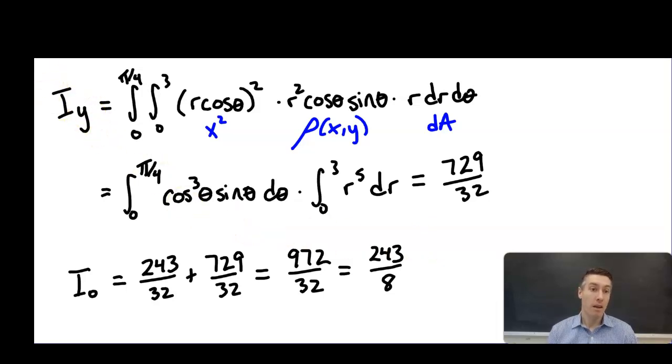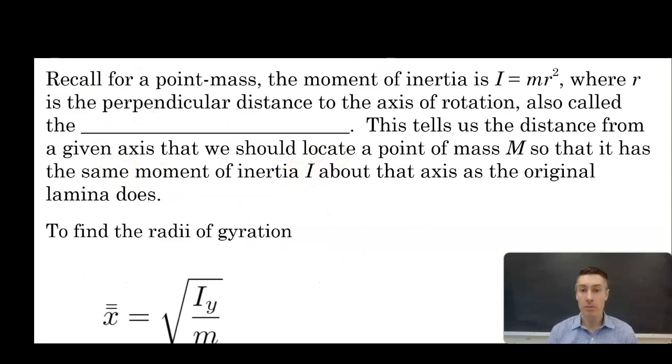Okay, now one last concept to cover here. If we recall, for a point mass, the moment of inertia is I equals mr squared. We defined that in a previous slide, where r is the perpendicular distance to the axis of rotation, also called the radius of gyration.